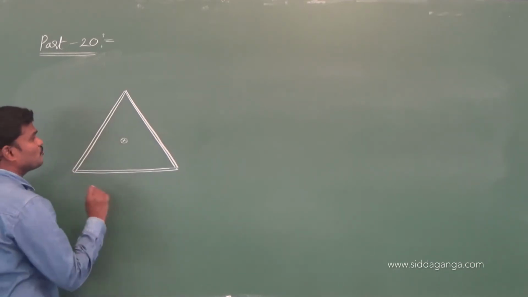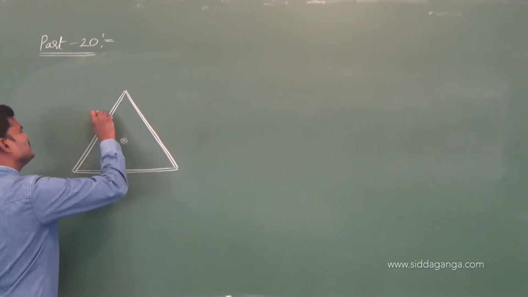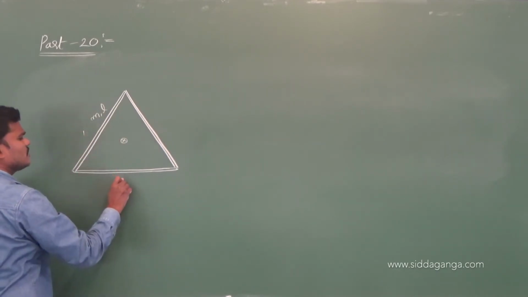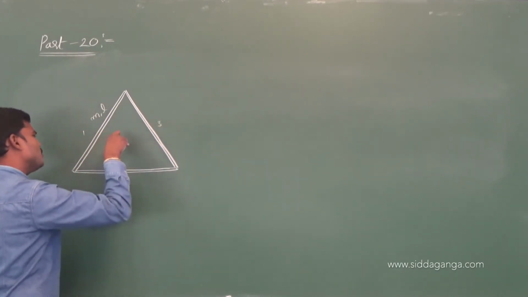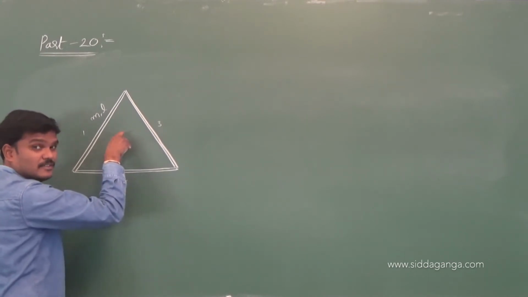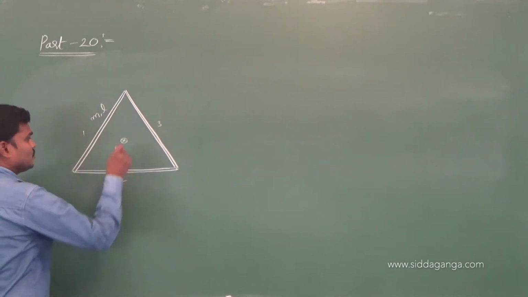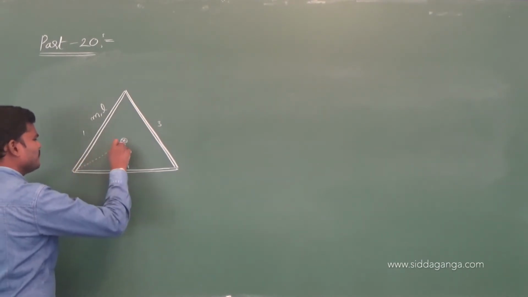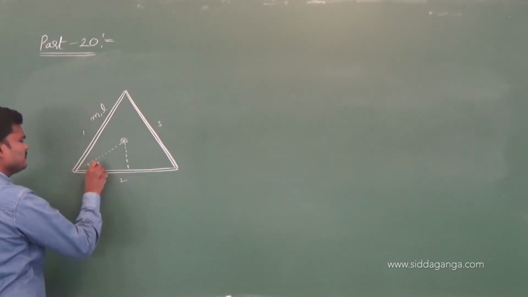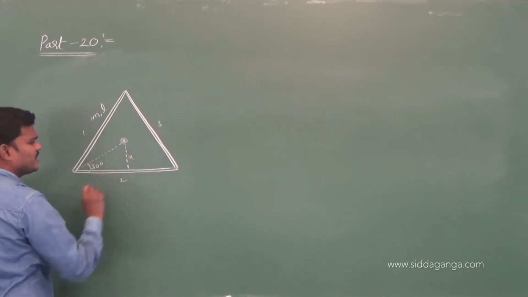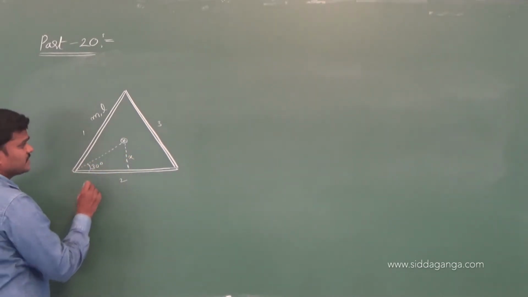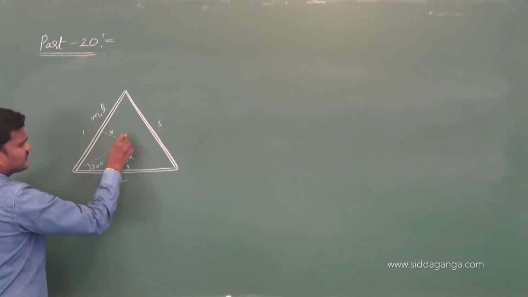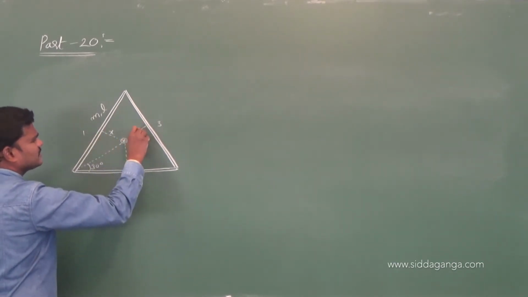M is the mass, L is the length. Let us suppose this is rod number 1, this is rod number 2, this is rod number 3. About this axis we need to find. See, this is an equilateral triangle. How much is this value? 30. If this is x, then this is also x, and this is also x.